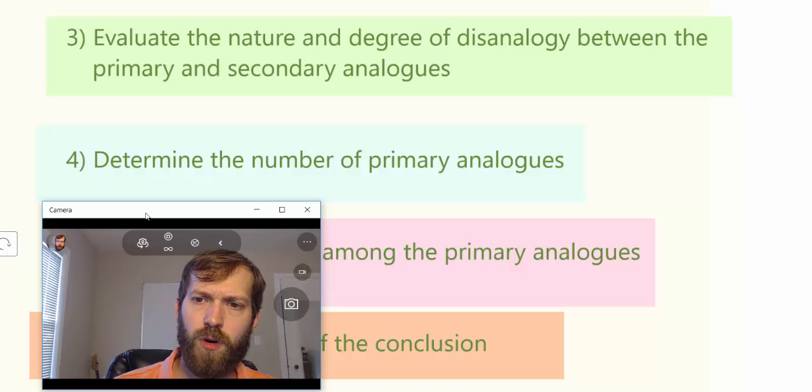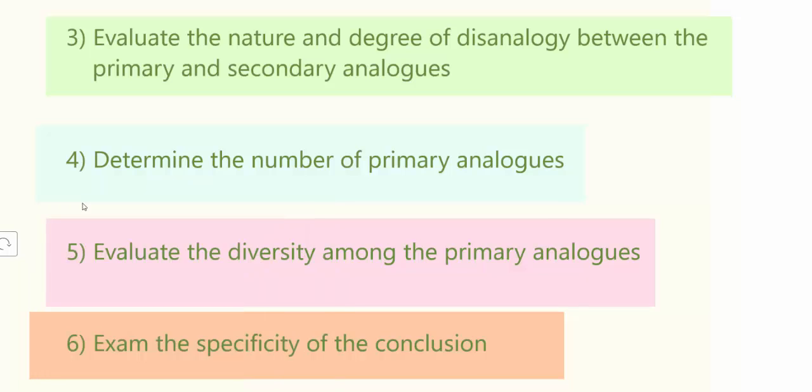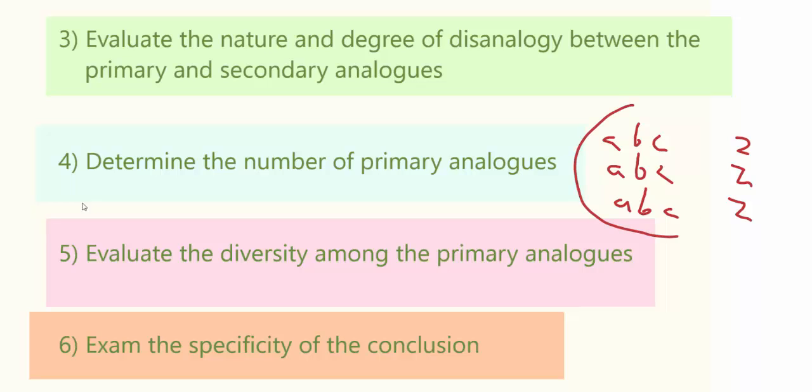And the reason why we want to do that is because what it suggests is that the properties that the primary and secondary analogs have in common, in our case it was A, B, C, and each of these also have D, because these are our primary analogs. It suggests that these really are connected in some relevant way.